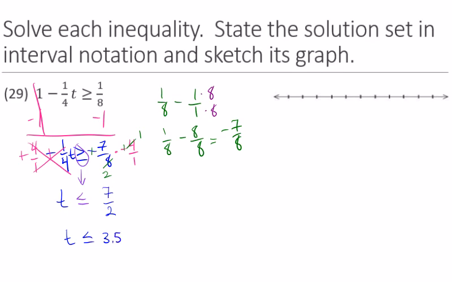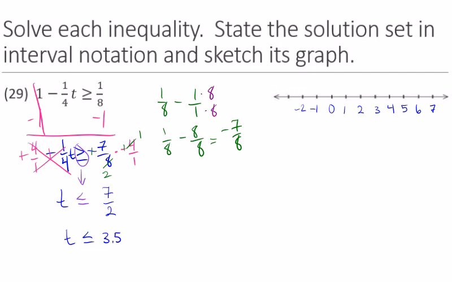Okay. So when you're graphing it, you can start anywhere you want. But let's say we started at 0 here, 1, 2, 3, 4, 5. You could also do half marks, right? Okay, so t is less than or equal to 3.5.